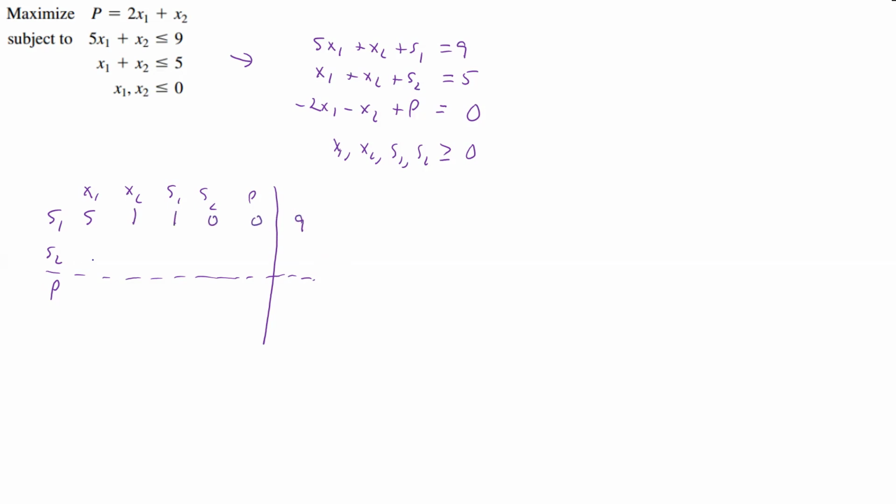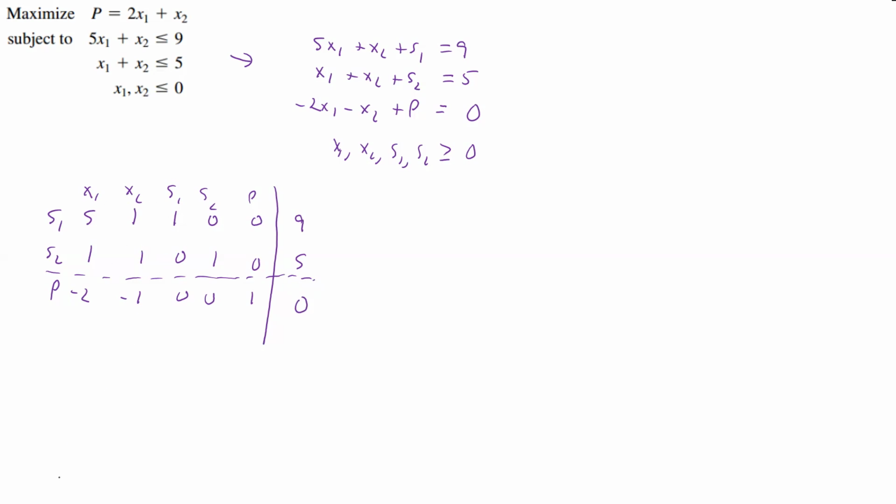And then S2, so that's going to be one of those, one of those, 0 of those, one of those, 0 of those, 5. And then my bottom row is going to be a minus 2, a minus 1, and a 0, a 0, a 1, and a 0. Okay, so that gives me my initial tableau.